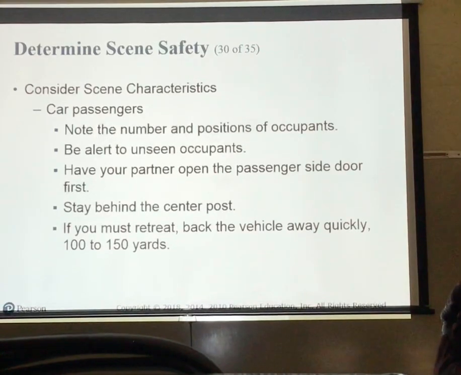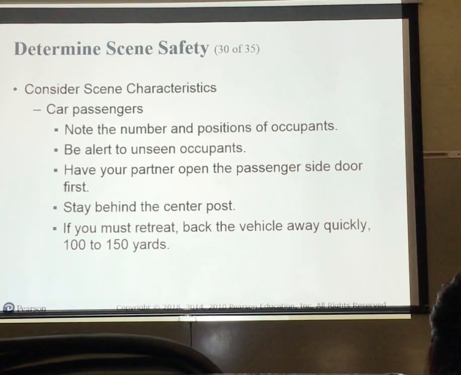Note how many people are in the vehicle, their position, and the driver's apparent condition. Be wary around tinted windows. If you approach the vehicle, be alert to the possibility of other unseen occupants. Check to see whether the trunk is locked and look on the rear seat and the floor as you pass by. Have your partner open the passenger door a split second before you open the driver's door. If you are alone, wait for help to arrive.